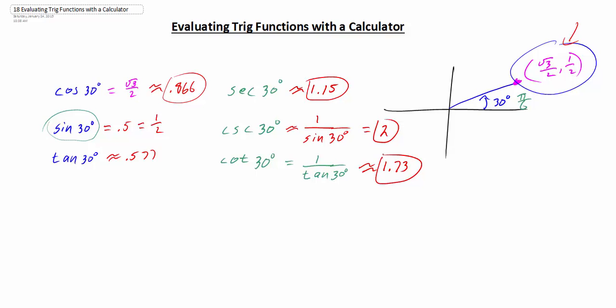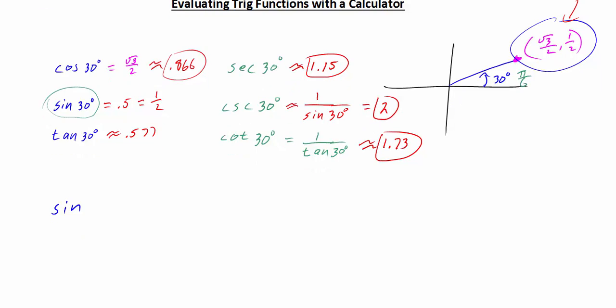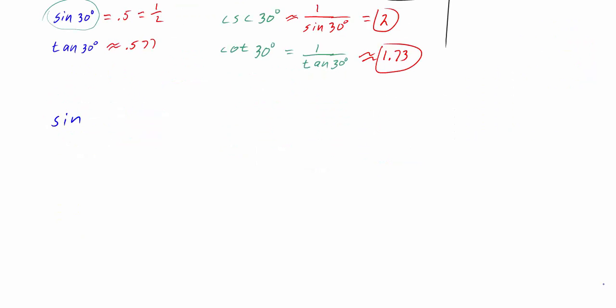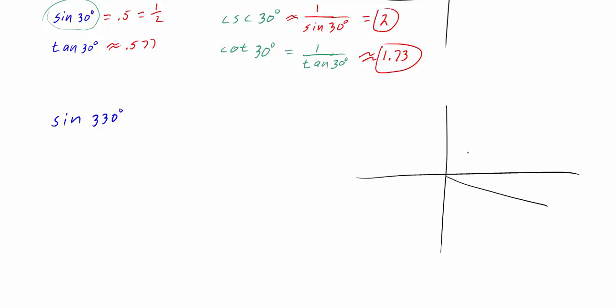And now notice here we were looking at using degrees. Let me make another point here. Let's look at the sine. Let's say if I was to give you the sine of, let's say, 330 degrees. Now again, if you look at your unit circle, you'll see that 330 degrees is actually located all the way over here in the fourth quadrant.